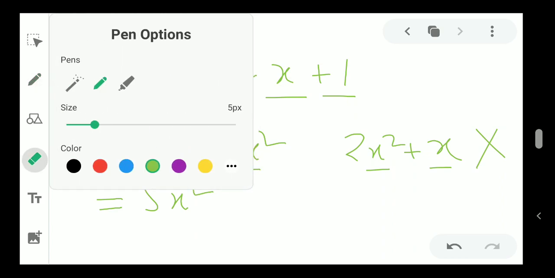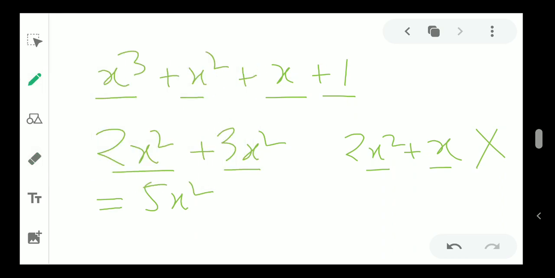Also you cannot add 2x square with 2y square, because they are also different quantities. So whenever the same quantities, the same variables, are there, you can add them. Understood?